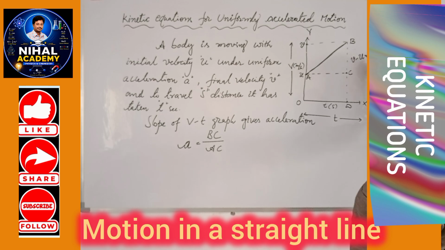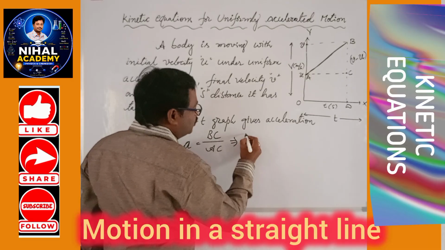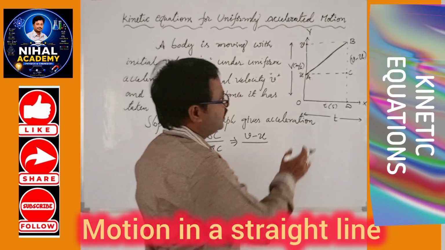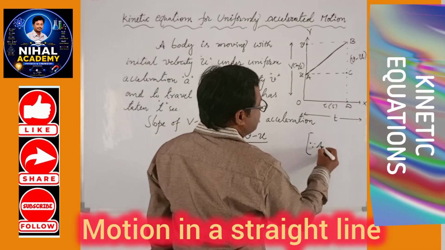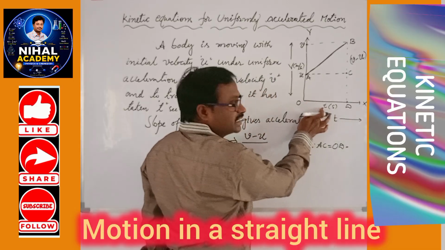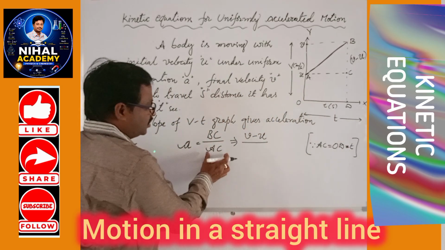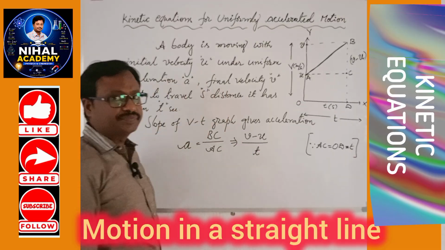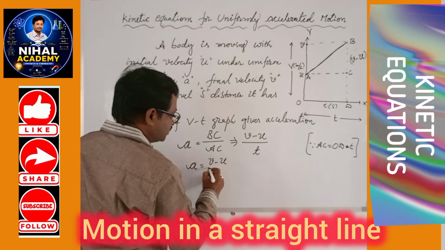that is v minus u. So in place of BC we can write v minus u by AC. AC is equal to OD, and this OD is equal to t seconds, so AC we can replace with t. Now a is equal to v minus u by t.